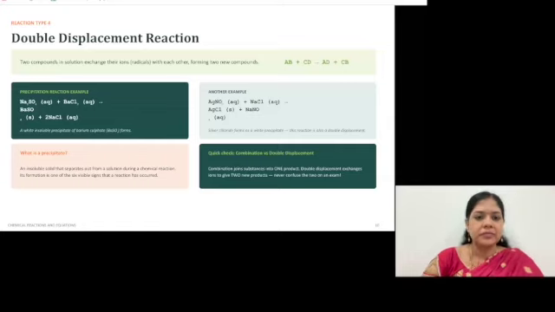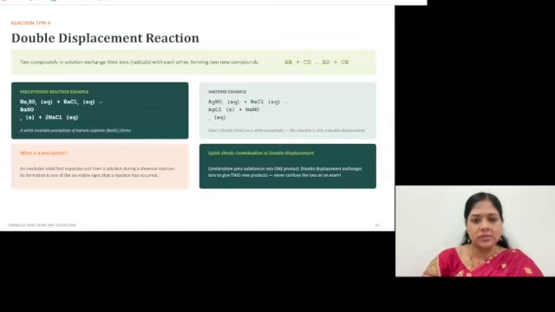Understood? So here this also follows the same reactivity series, and example is sodium sulfate plus barium chloride gives rise to, they are going to interchange the partners and we are going to get barium sulfate and also sodium chloride. Okay.